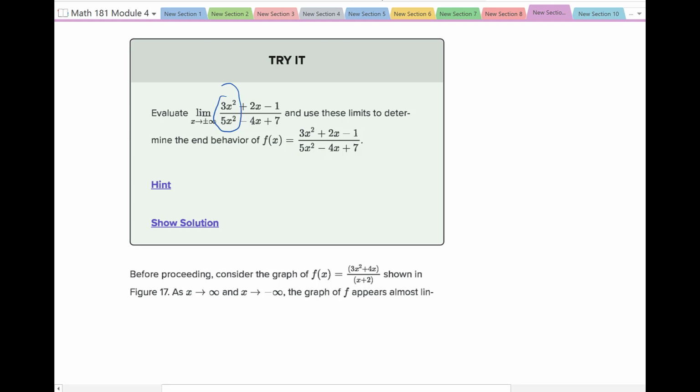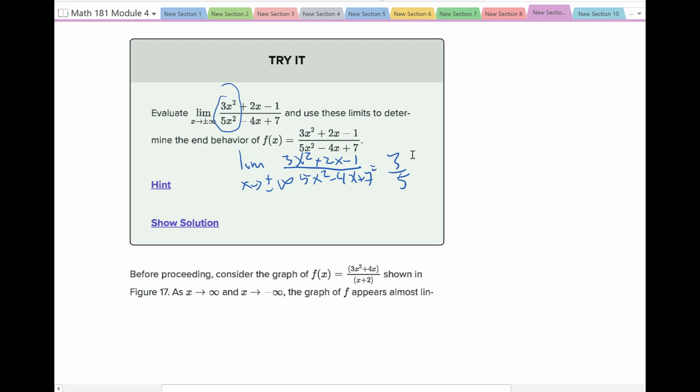So the limit as x goes to positive or negative infinity is just going to be that leading coefficient ratio. It's just going to be 3 over 5 because they have the same degree.